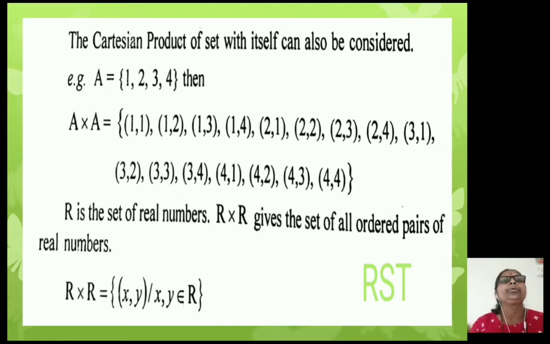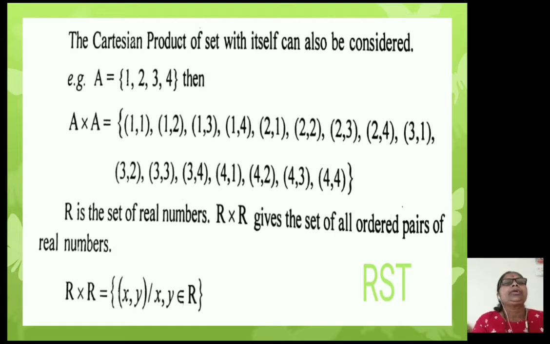Then A cross A equals the set: (1, 1), (1, 2), (1, 3), (1, 4), (2, 1), (2, 2), (2, 3), (2, 4), (3, 1), (3, 2), (3, 3), (3, 4), (4, 1), (4, 2), (4, 3), and the last is (4, 4).